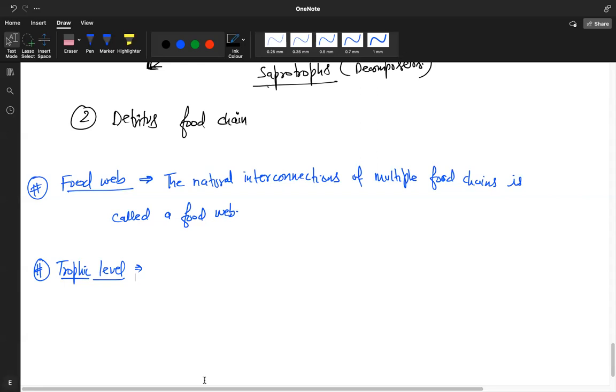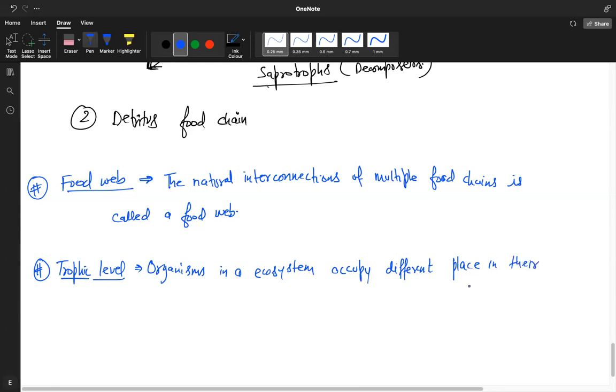So based on the source of nutrition, organisms in an ecosystem occupy different places in their food chains, known as their trophic levels.